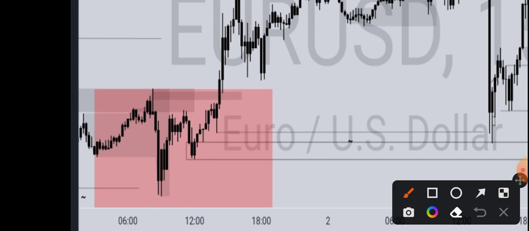You can see that there was a break of structure here. Then if we mark it out now, this is the range that took out liquidity. Now where is the range that broke structure?